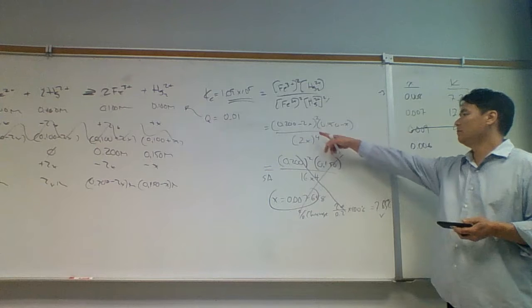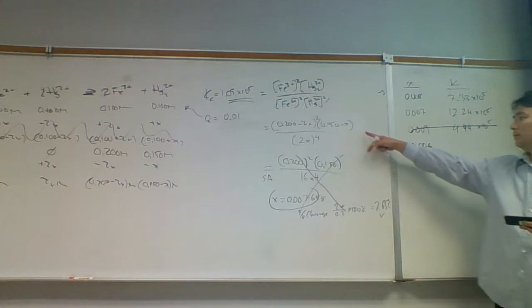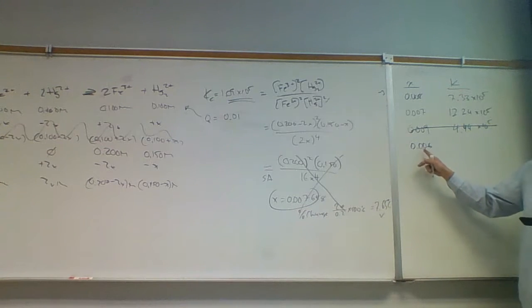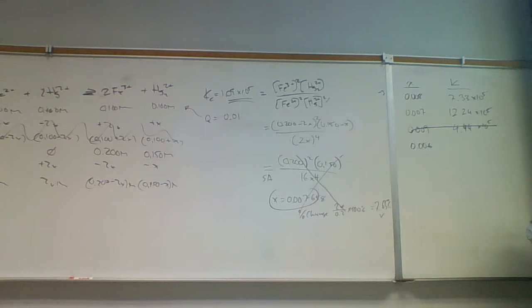That would be 200 minus 12 would be 188. 0.188 squared. This would be 144, 144, divided by 0.012 to the fourth.